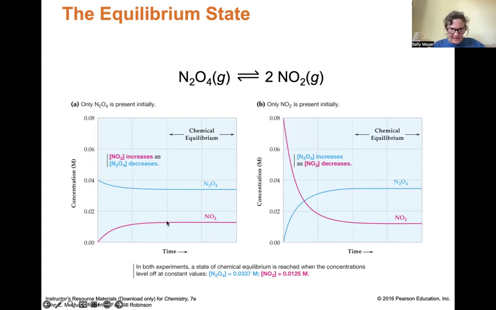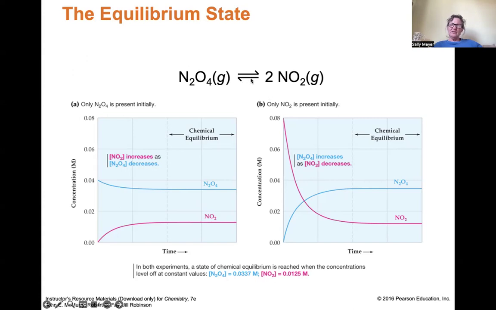You reach a point, maybe right about here, where the concentrations stop changing and they both plateau out. On this side, we are starting out with NO2, so we're starting out with the product. Now its concentration, the pink line, is decreasing with time, whereas the N2O4, the reactant, is increasing.